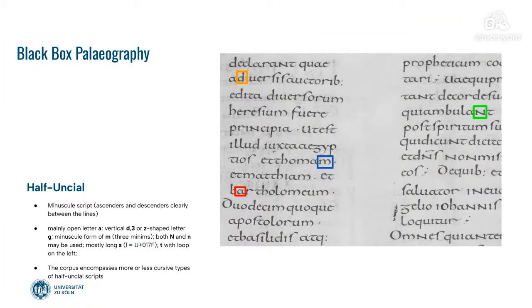So we try to take advantage of the black box of paleography, because I already mentioned the dating and the uncertainty in dating. We have the same for paleography. So scripts are described in a very distinct way, in a very specific language. There are a lot of comparisons, and usually it's not like in this example that you describe a script with specific letter forms.